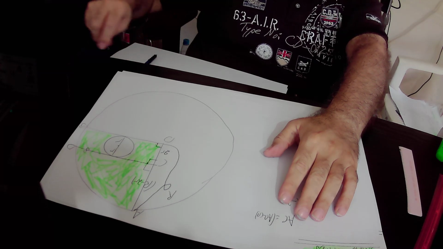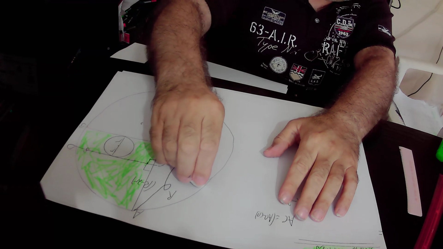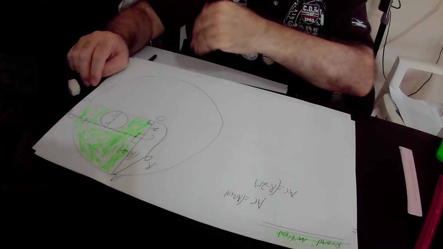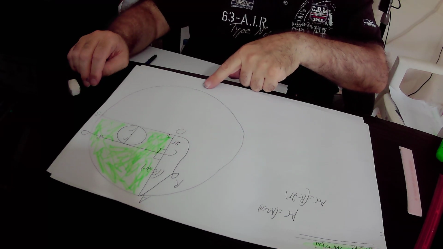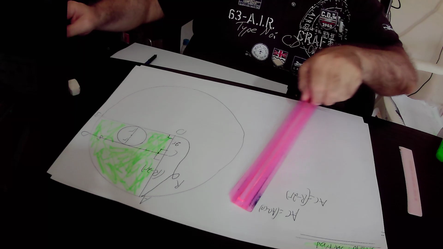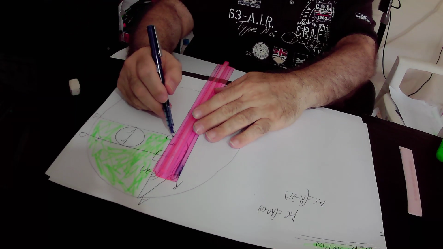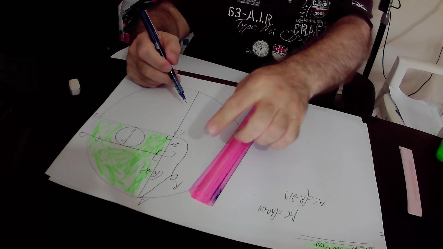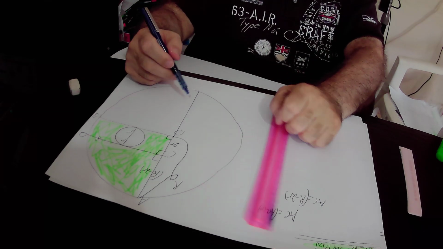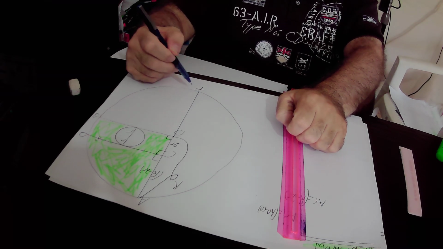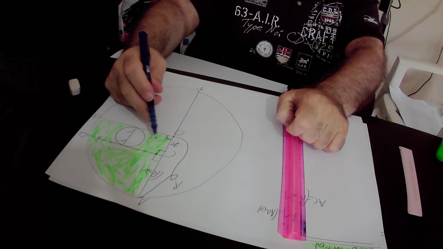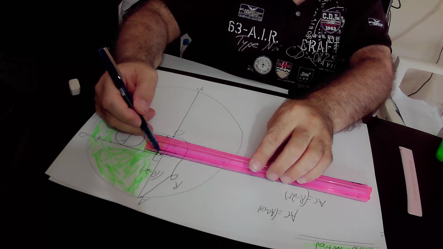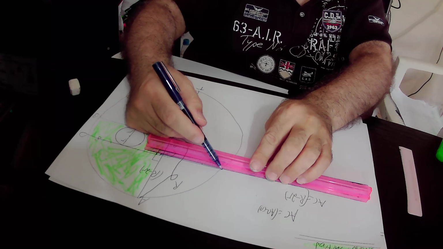So we completed the quarter circle to a circle. We will extend the radius AO until it touches the circle, and we will define the touching point of the extended radius AO and the circle as point T. And we will extend the straight line DC until it intersects with the circle, and define that point as M.